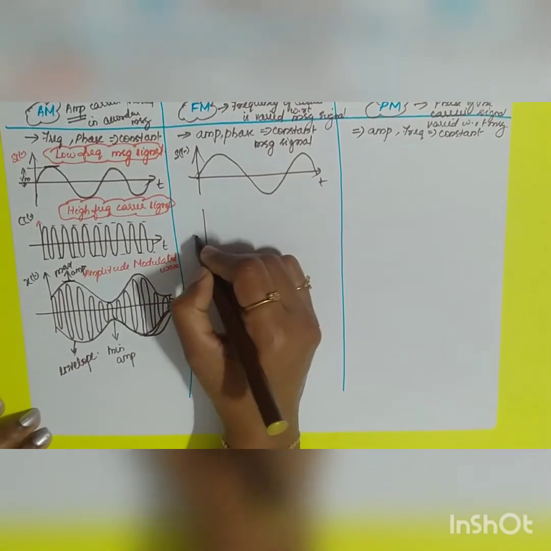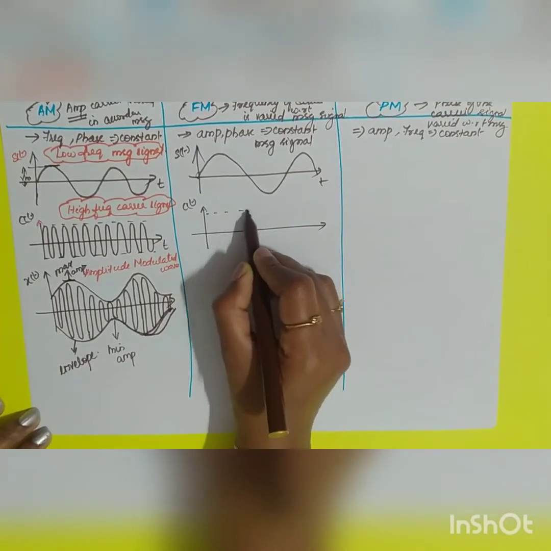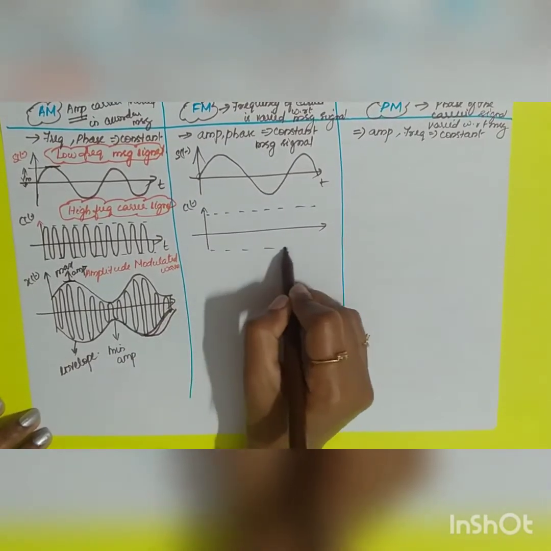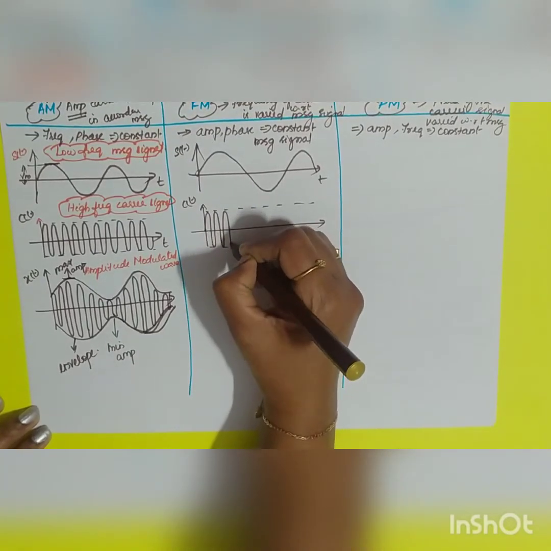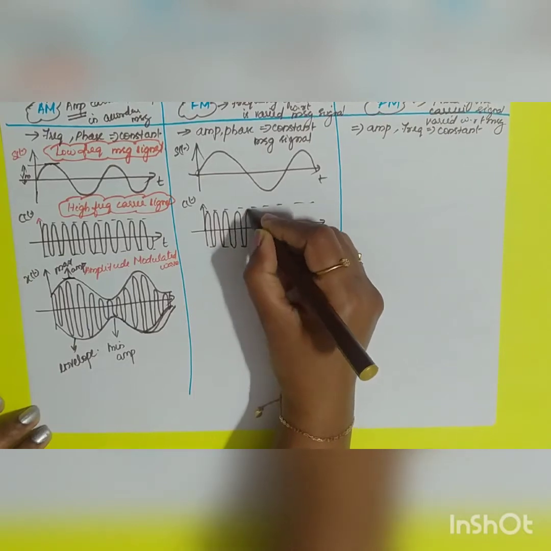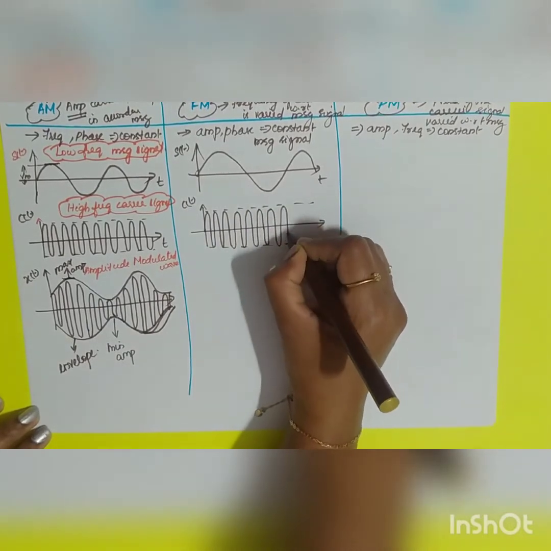The next one is your carrier signal C of t, which is a high frequency signal.